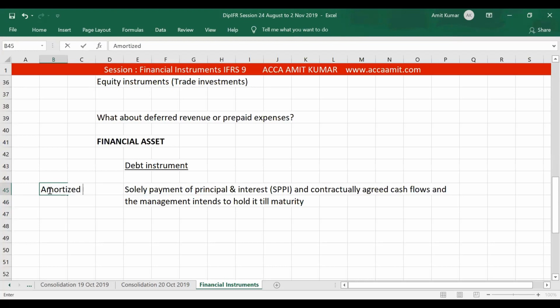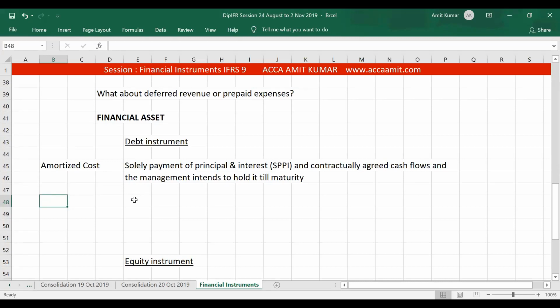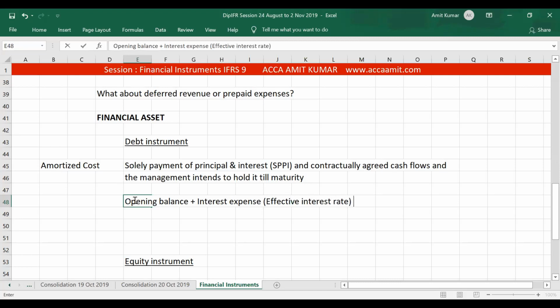Let's measure them at amortized cost because they are not subject to market risk. Amortized cost means that there is an opening balance on which, if the interest payment is in arrears, there will be interest expense added on the basis of effective interest rate, less any receipts, payments from the other party.